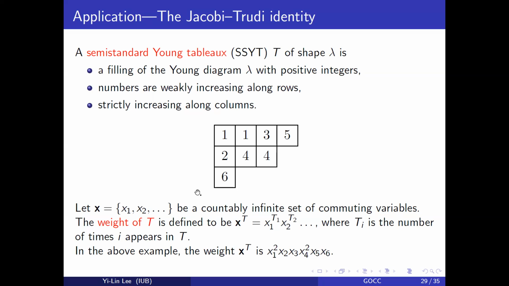The weight of each semi-standard Young tableau is defined to be x1 to the t1, x2 to the t2, and so on, where ti is the number of times i appears in the tableau. For example, here 1 appears twice, so this corresponds to x1 squared. 3 appears once, so this corresponds to x3. So in this particular example, we have the weight x1 squared, x2, x3, x4 squared, x5, x6.